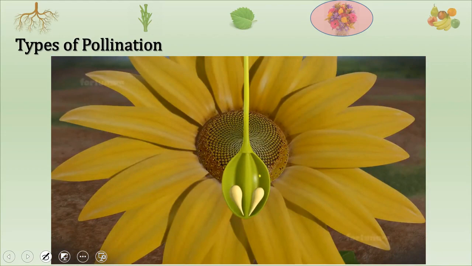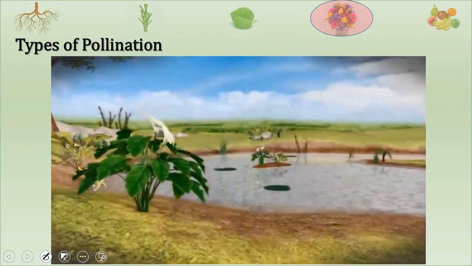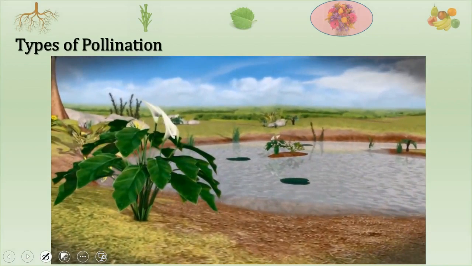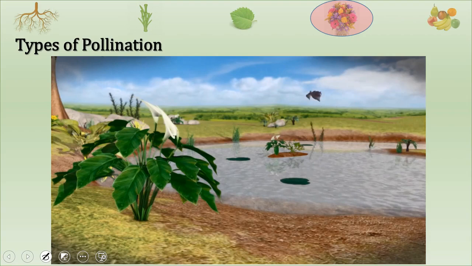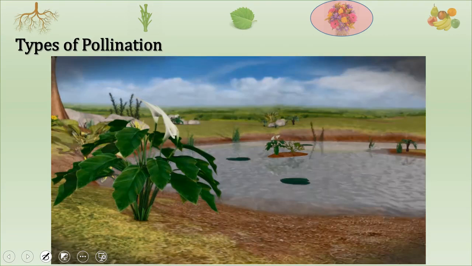Eventually, the male pollen will unite with the female ovule during fertilization and the ovule will become the seed. Besides insects, wind, water and other animals such as bats also help in cross-pollination.